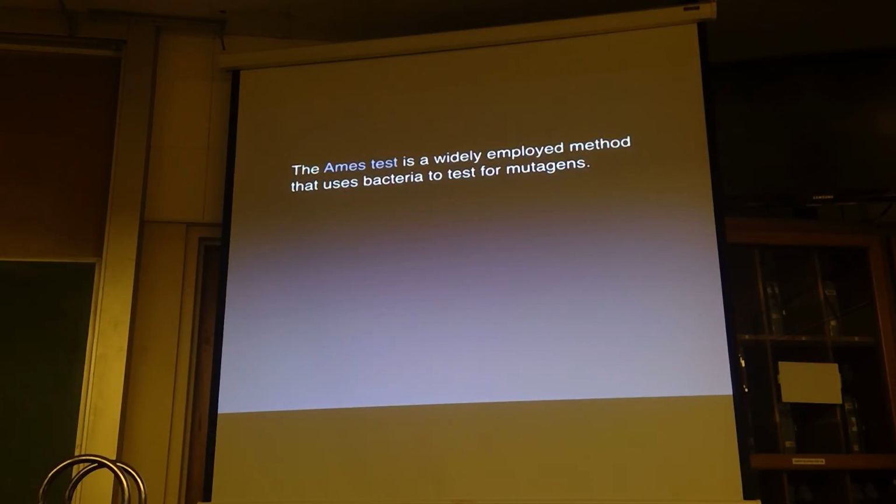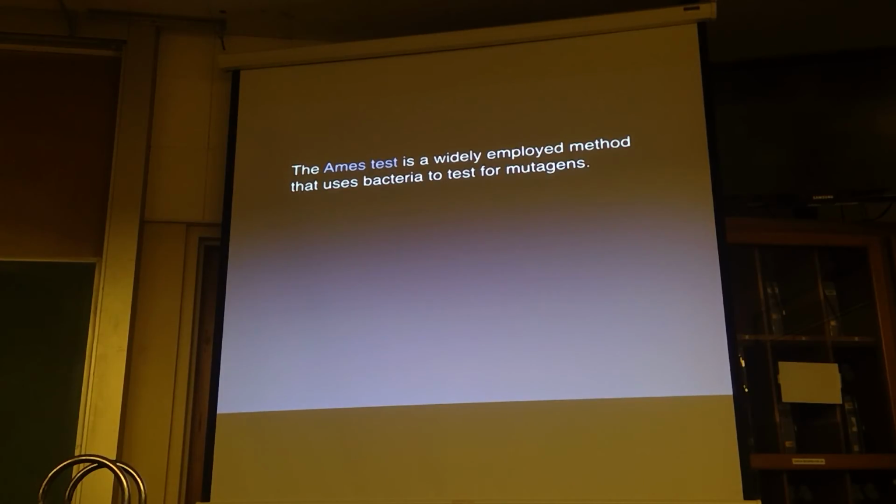How do we know if something is a mutagen? Well, there's a test that can be run. It's called the Ames test. Basically, this employs a method where bacteria, specifically Salmonella, are subjected to chemicals. Typically, they're tested one at a time.